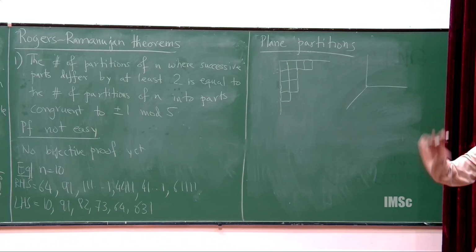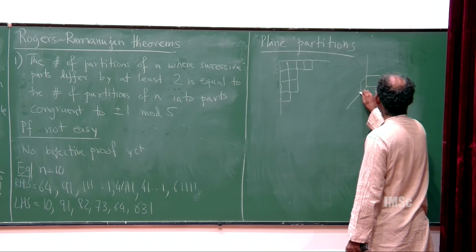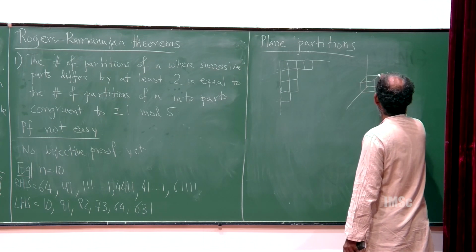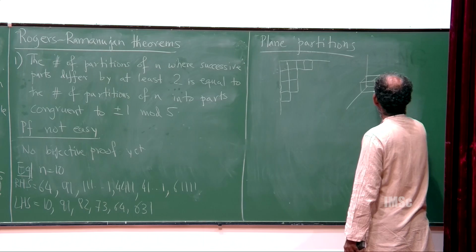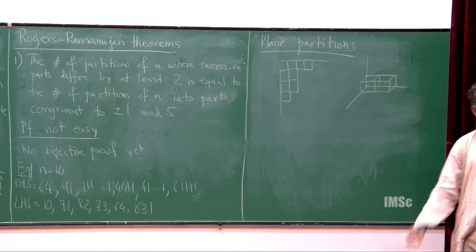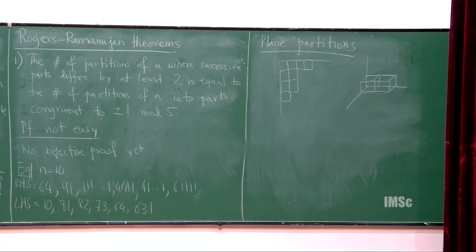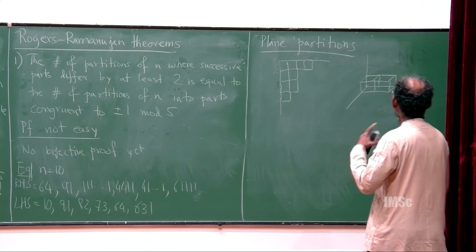Unit cubes that we are going to stack. Okay, so they will look like so, right, etc. So each arrangement of this is called a plane partition because it's one level higher.